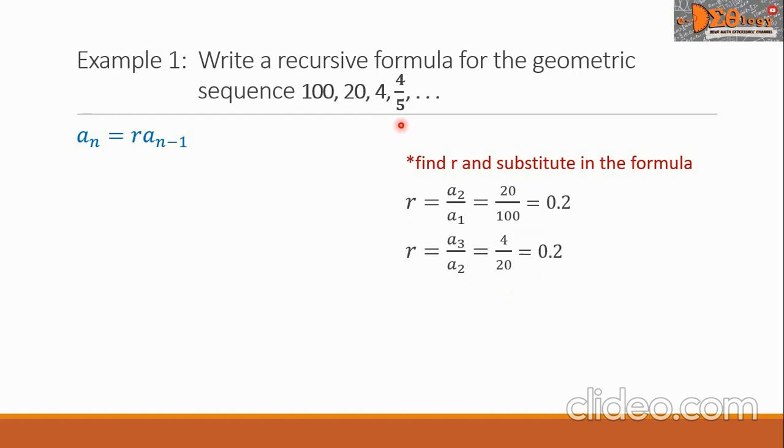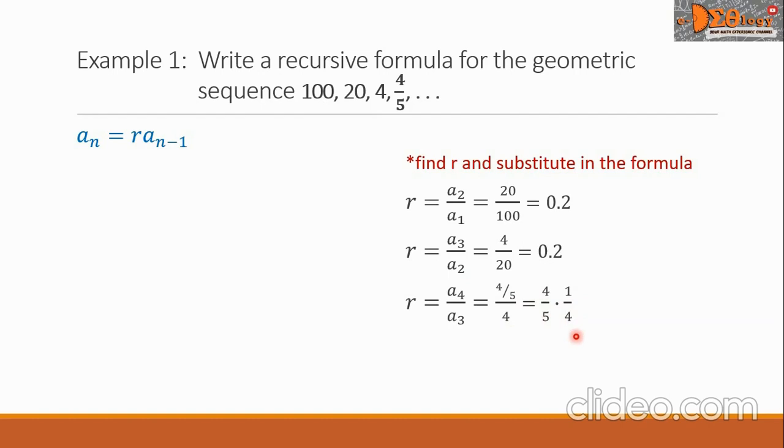What about the fourth term and the third term? That will be 4 over 5 all over 4. Let us flip this 4 in the denominator as 1 over 4 here. Then let us multiply the 4 over 5 and this 1 over 4.